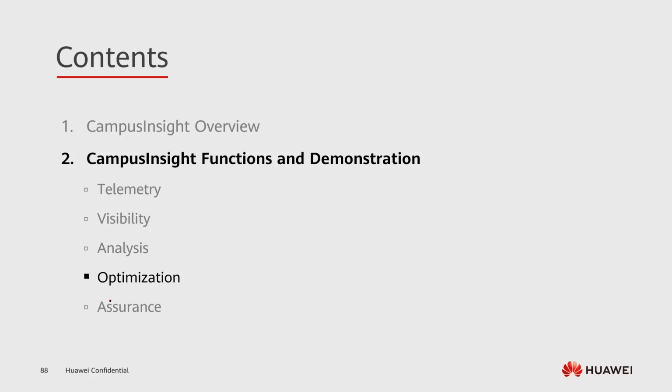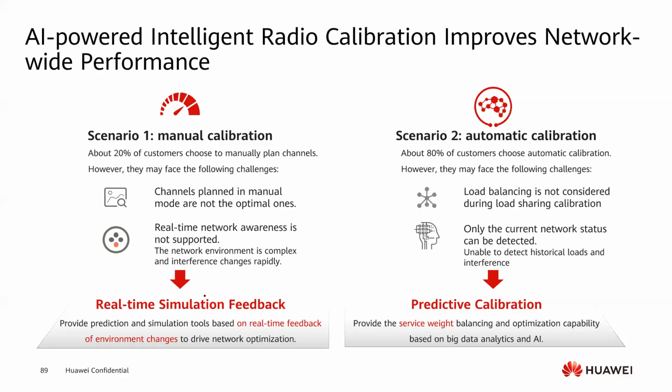The next one is about the optimization, which is for the radio calibration method. Currently, about 20% of customers choose the manual calibration way to calibrate their network, but it has a problem: channels in manual mode are not the optimal ones, and real-time network awareness is not supported.